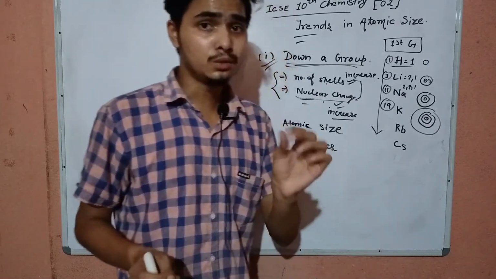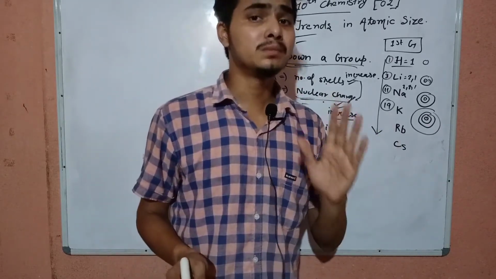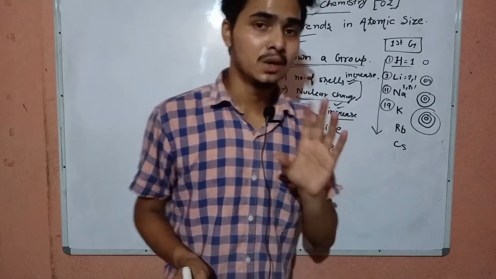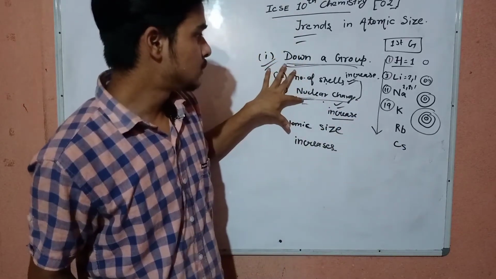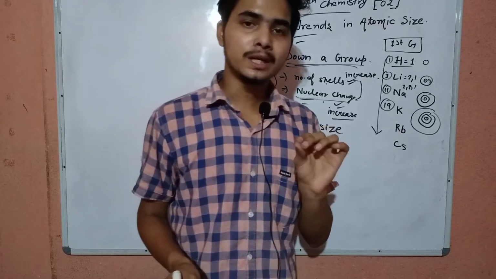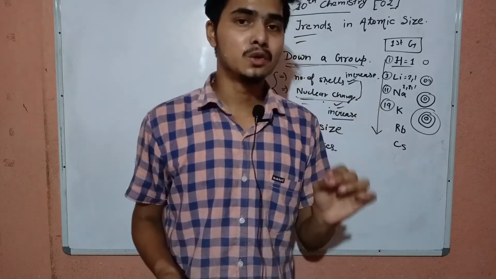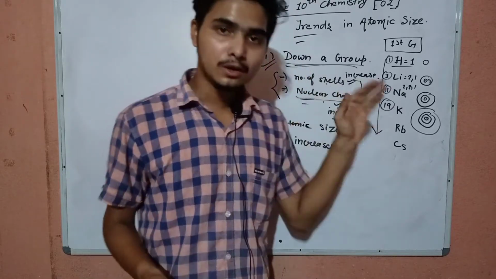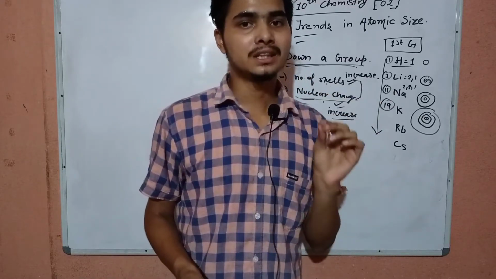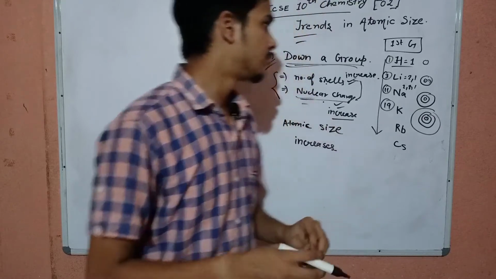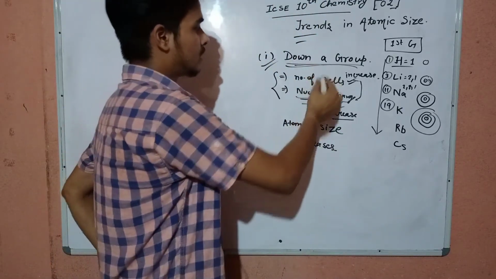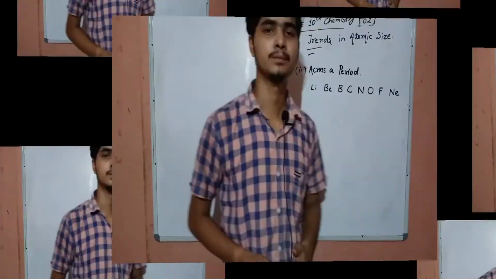This is what you need to write, and I promise that you won't lose any single mark, because we have included these 2 points, the factors. If you have not understood till now, don't worry. When I explain across a period, I am sure you will understand it completely. For now, just remember that on going down a group, atomic size increases.